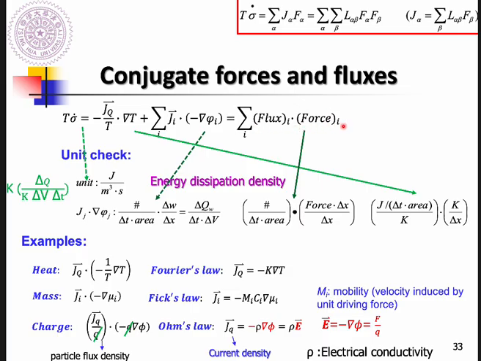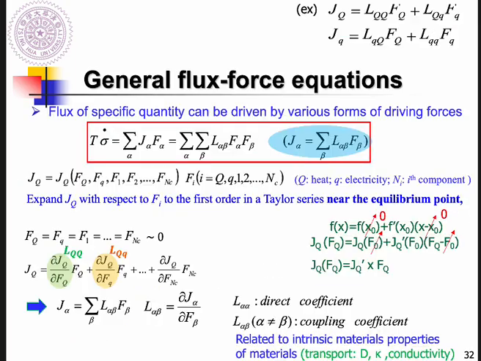Okay, so you need to write like this. You need to have the flux and force. And don't forget the flux needs to be modified, right? Because we do have another secondary driving force acting on your flux or contributing to your flux. So don't forget, you need to write this like this. In the example we just showed, the current density is not directly driven by the electrical potential gradient.